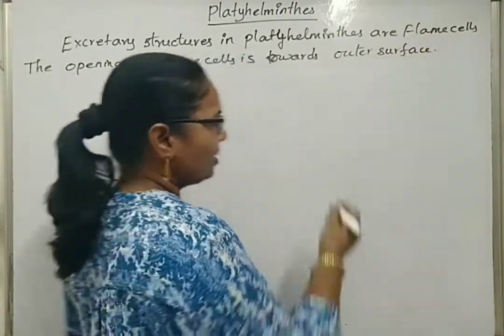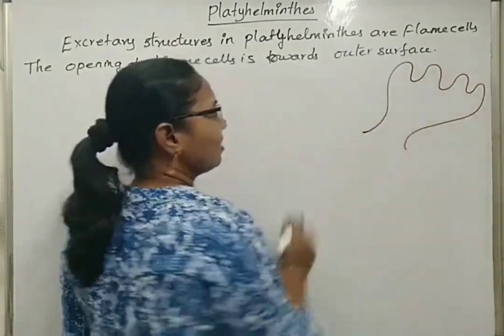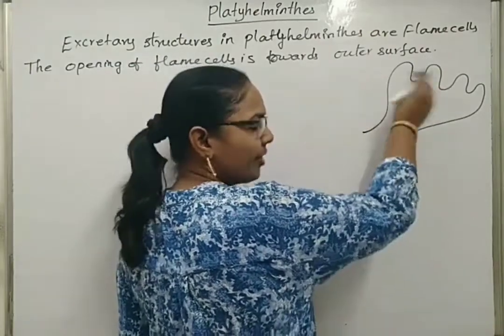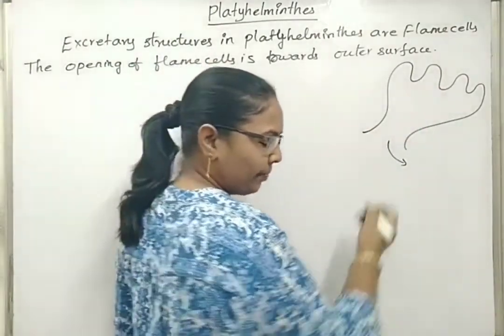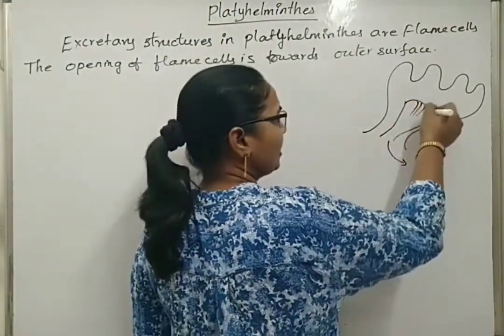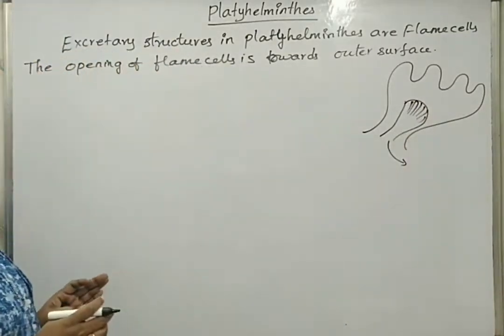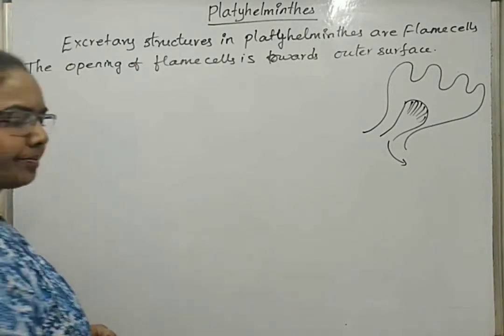These flame cells are special structures that absorb waste material from the body, with the opening towards the outermost surface. Here there are special cilia-like structures, which help move waste material from the interstitial fluid into the flame cells.